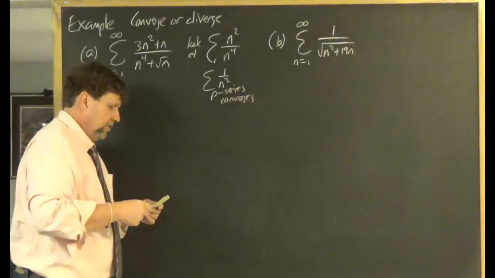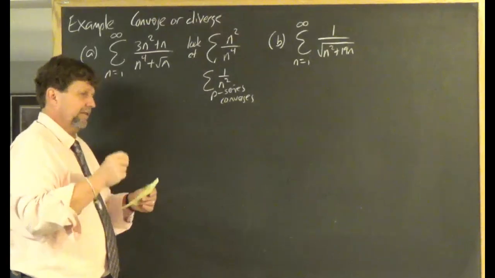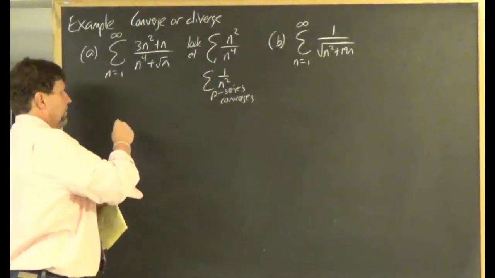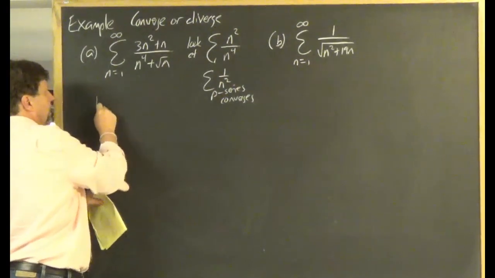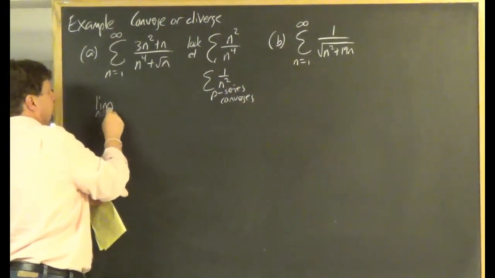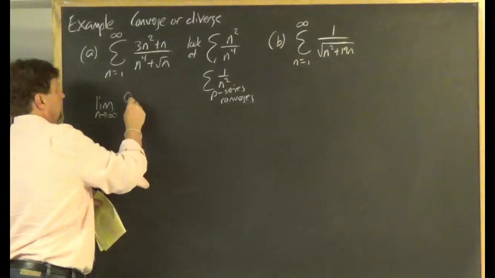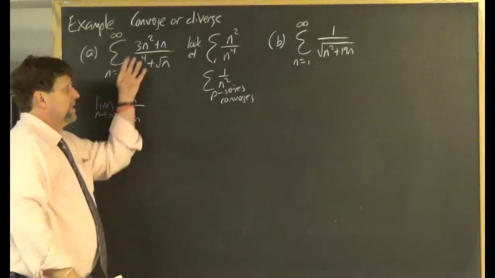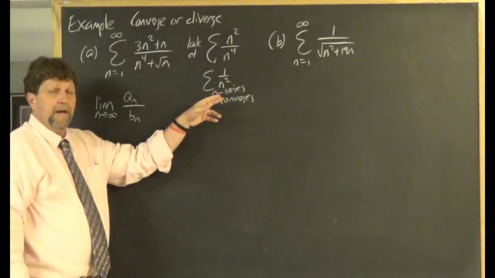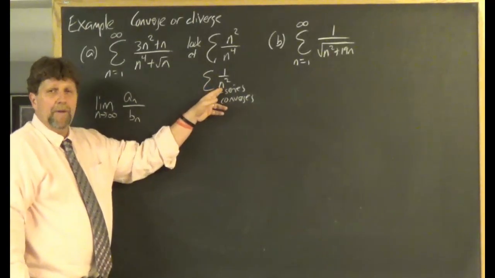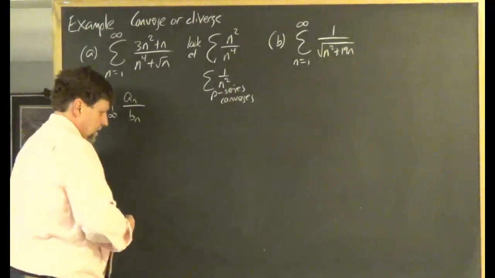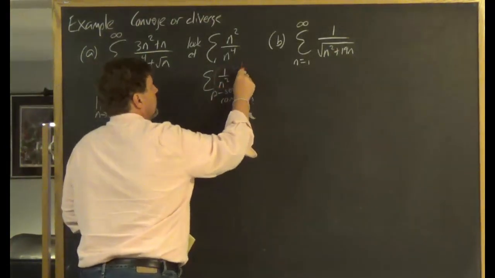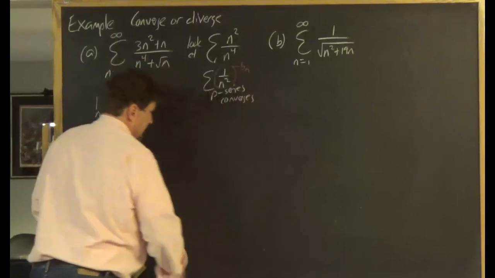Now to use the limit comparison test, as I mentioned on the slide, you have to look at the limit as n goes to infinity of a sub n over b sub n. The series that you come up with to do the comparison, that's what you want to make b sub n. Let me circle that here. That's the b sub n.